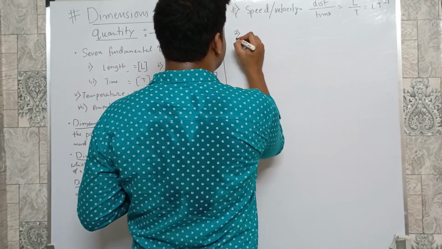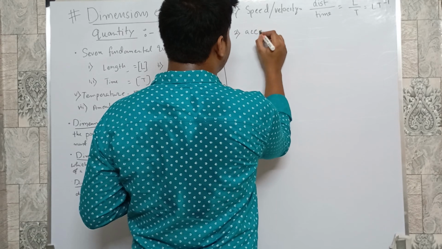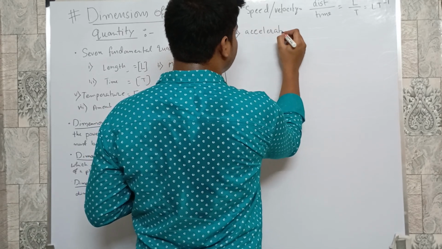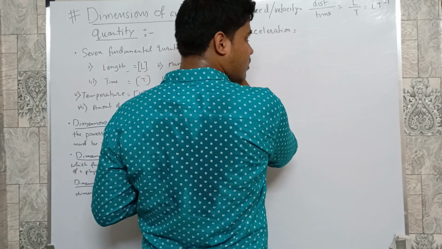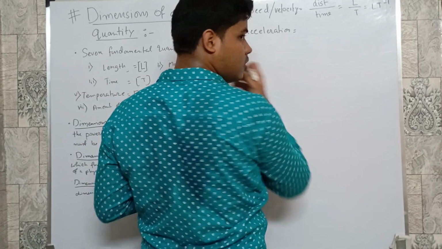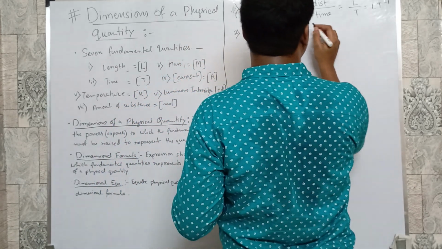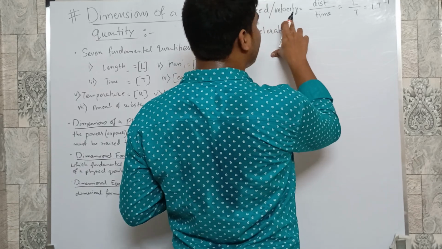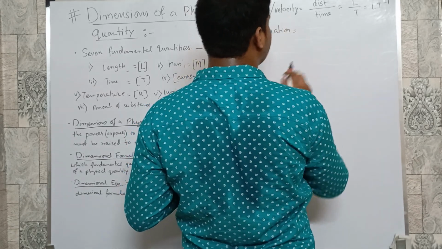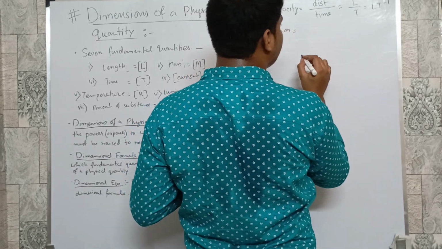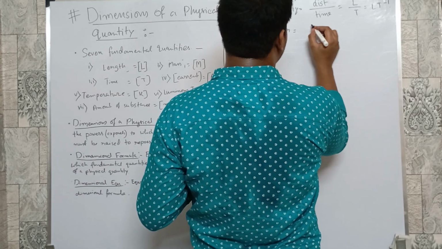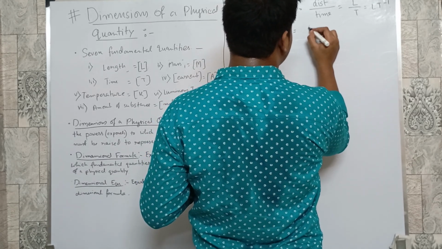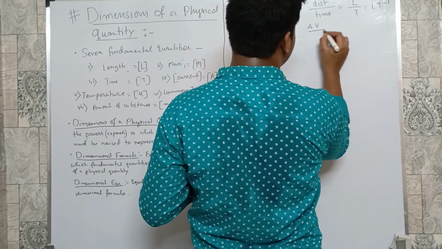Next is acceleration. We know the definition of acceleration: it is the rate of change of velocity. It is a vector quantity and it depends on velocity. So it is change in velocity by change in time.